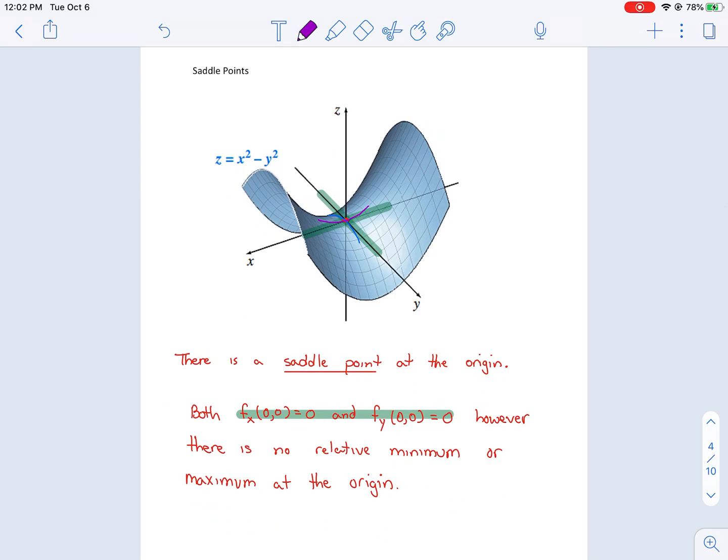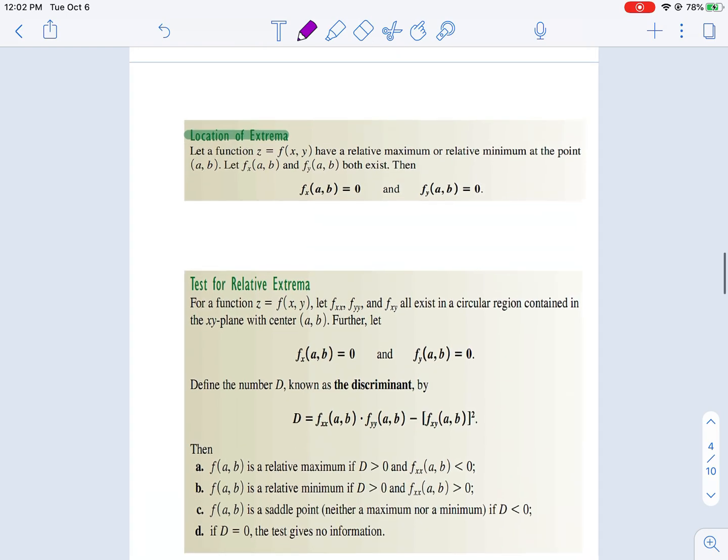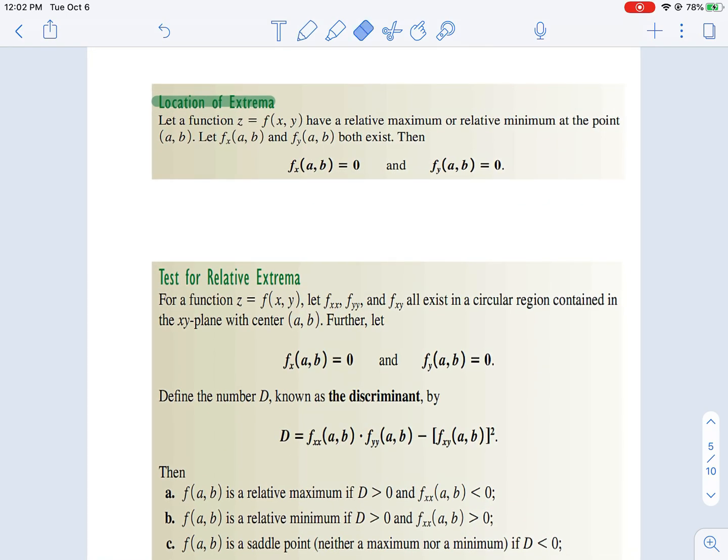So how can we test whether a coordinate is either a relative max, a relative min, or a saddle point? Well, we're going to start by finding the location of the extrema, and that is where you're going to find the coordinate where both partial derivatives are equal to 0.